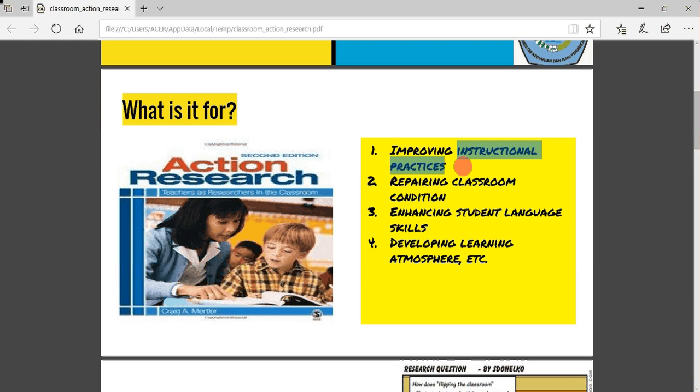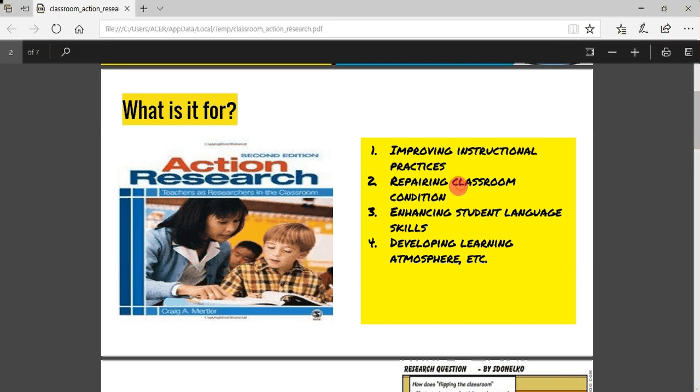Alright, now we go on to the second, utilities of action research. Action research is also interesting for repairing the classroom condition.